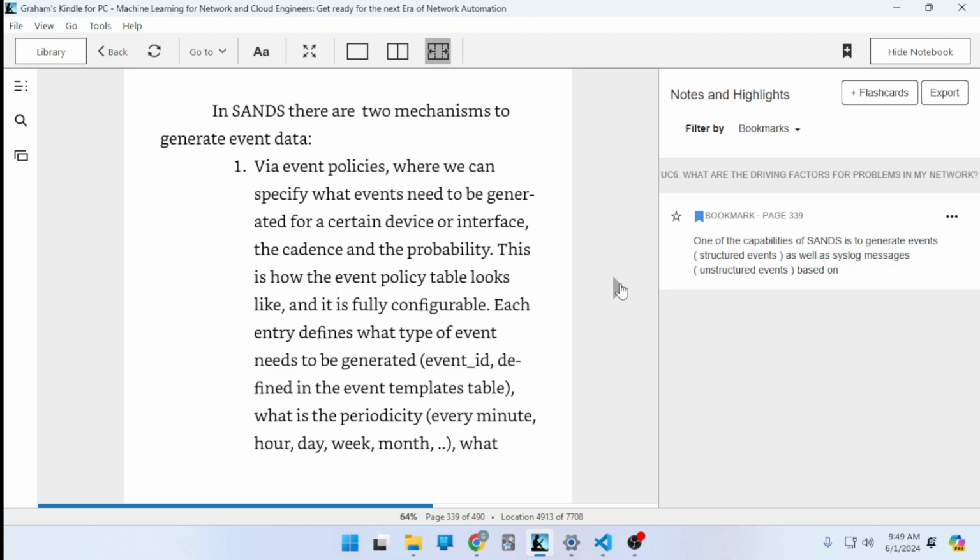In SANS, there are two mechanisms to generate event data. One, via event policies, where we can specify what events need to be generated for a certain device or interface, the cadence, and the probability. This is how the event policy table looks like, and it is fully configurable.